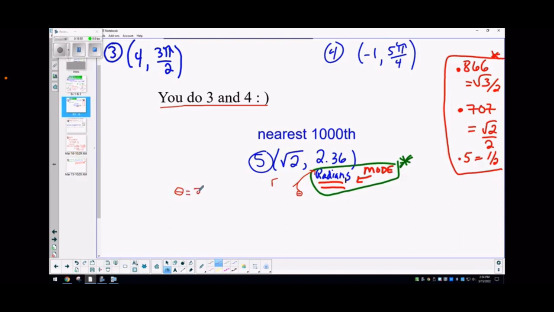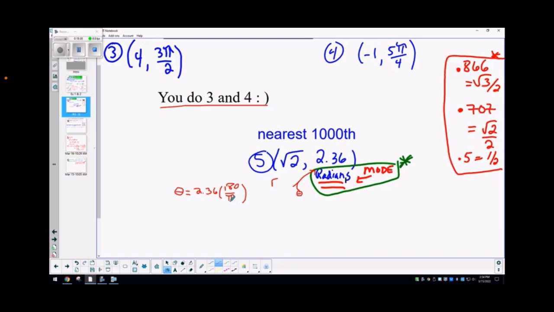So personally, I would convert the radians to degree measure because you can change your calculator to radian mode if you want. But again, you just want to make sure that if you change it to radians, you make sure you change it back.